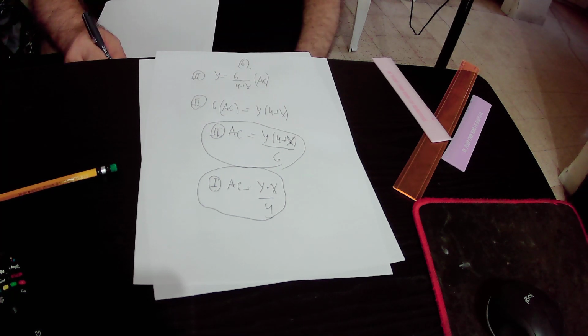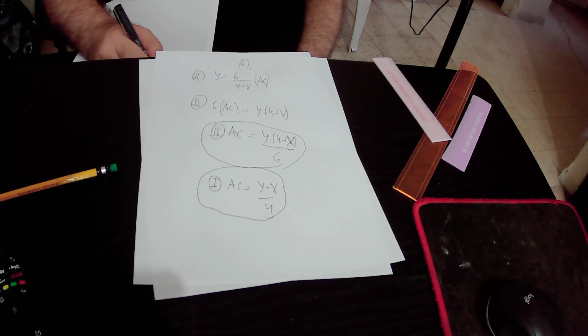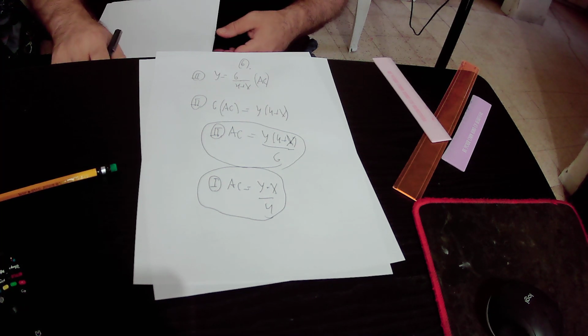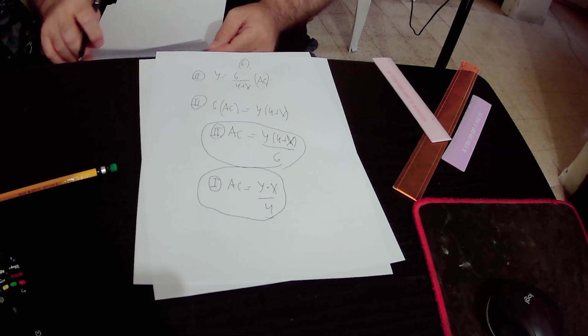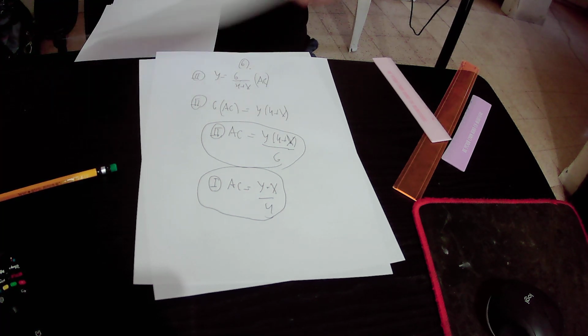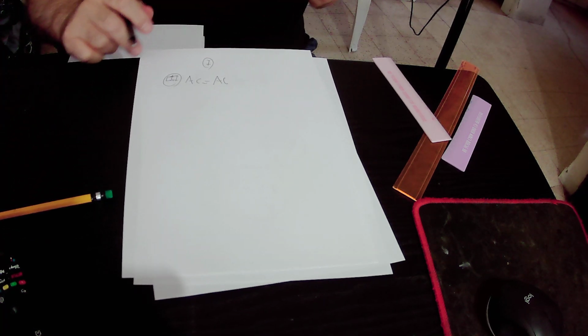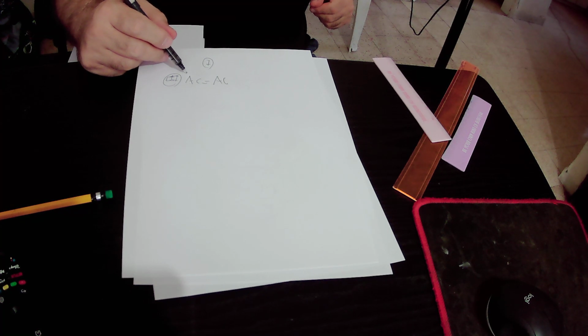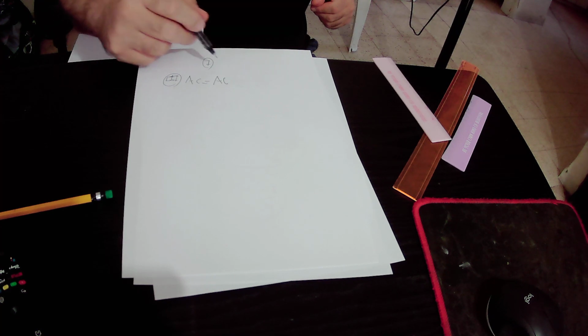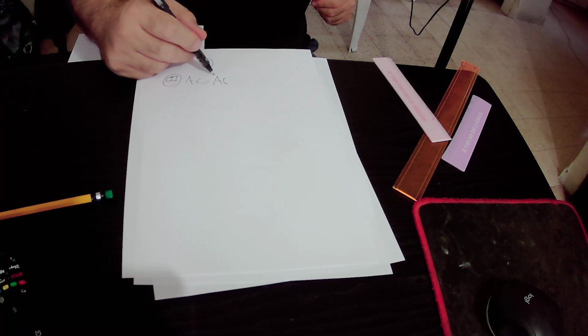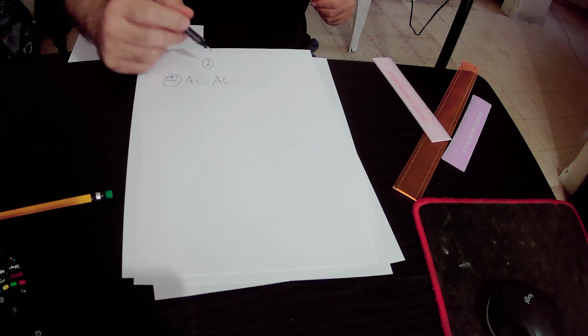So in the next step we will create equation number 3 that states that AC equals AC. On one side we will substitute AC by the value of AC in equation number 1, and on the other side of the equality we will substitute AC by the value of AC according to equation number 2.